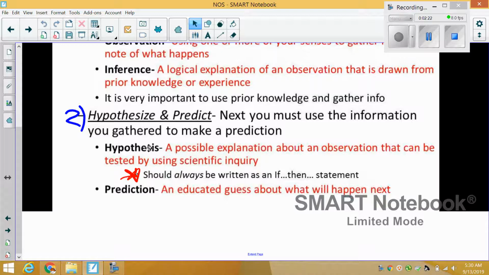A hypothesis is an educated guess, or it's a prediction about what is going on in the situation. So we use our prior knowledge to make a hypothesis. Remember, you know lots of stuff, and the hypothesis is based off of what you already know.